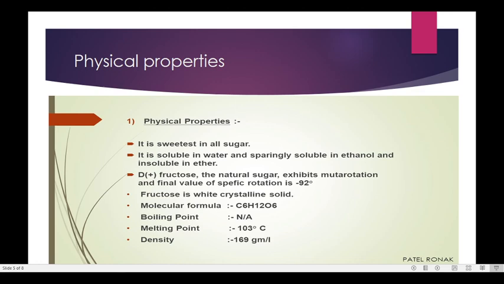D-fructose is the natural sugar and it exhibits mutarotation, and the final value of specific rotation is 92 degrees. Fructose is a white crystalline solid with molecular formula C6H12O6, and the melting point is 103 degrees centigrade, and its density is 169 gram per liter.